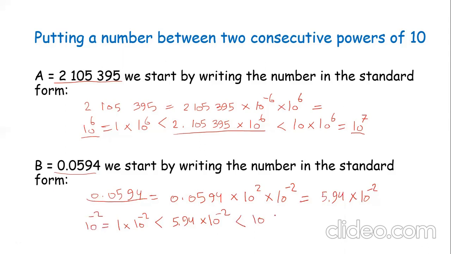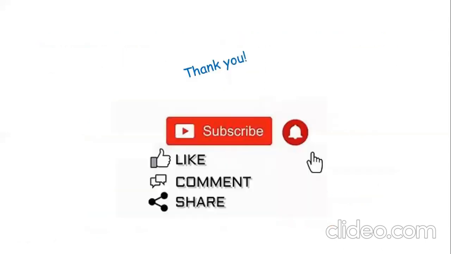So it's smaller than 10 multiplied by 10 to the power of minus 2. Now, according to the rules we have learned, this is equal to 10 to the power of 1 plus minus 2, which is minus 1. And as we see here also, we could put the number we have between two consecutive powers of 10, which are 10 to the power of minus 2 and 10 to the power of minus 1.